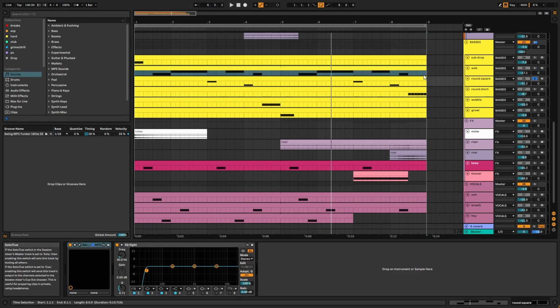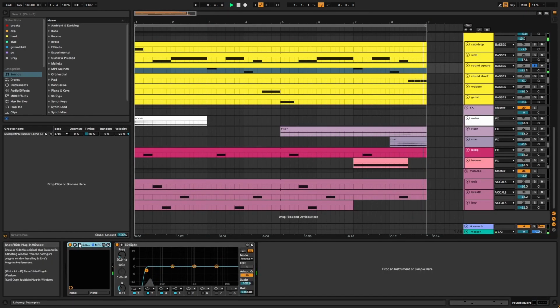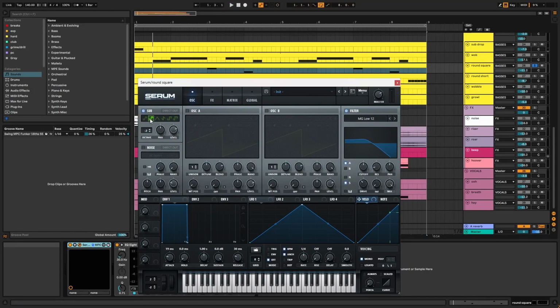Then we have the round square. Here again, we have the rounded square taken down by 2 octaves and running into a low pass filter.